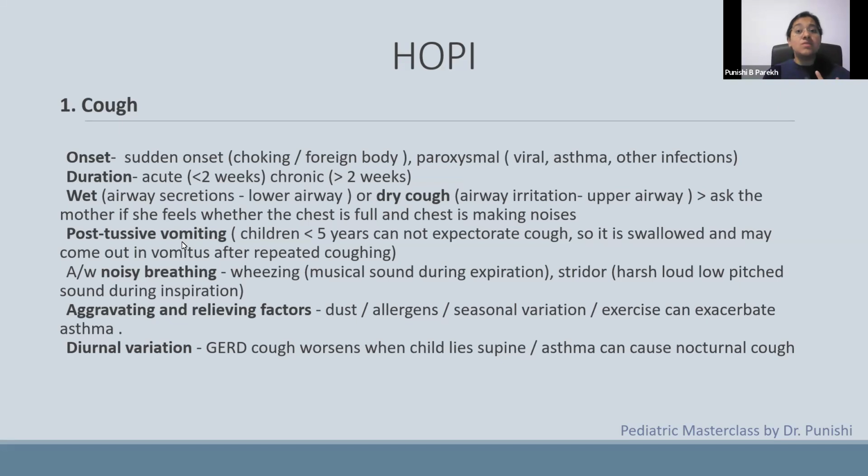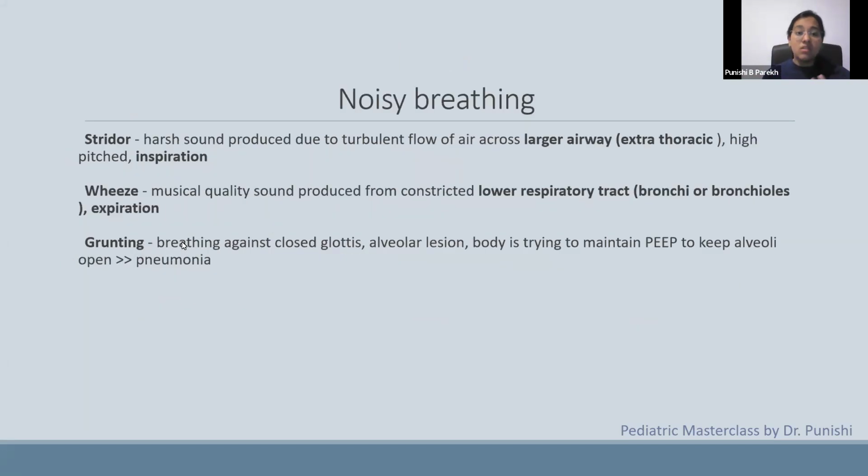Now, is the cough associated with noisy breathing? There are various differentials for noisy breathing. The three most common ones would be stridor, wheezing, and grunting. Now, what is the difference between these three? Stridor basically is a harsh sound that is produced because of the turbulent flow of air across the larger airway.